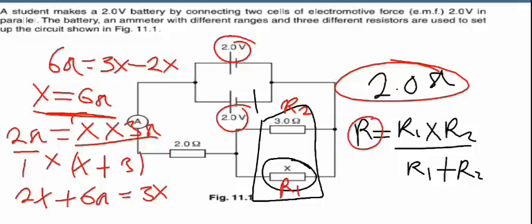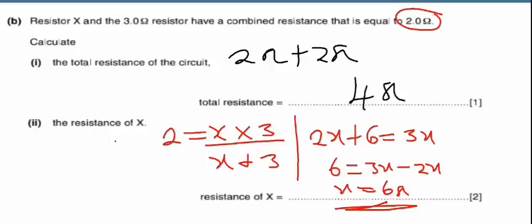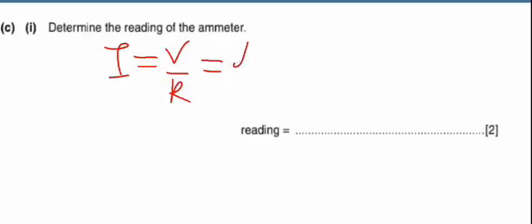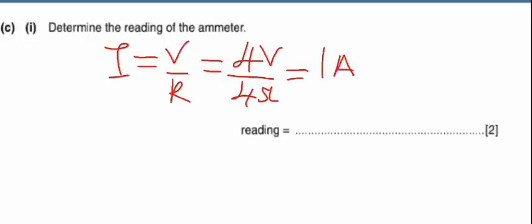So when we add these two, we are going to get what? 4. So we can say 4 volts divided by the total resistance. So the total resistance was what? 4 ohms. Then when I divide here, I'm going to get 1 amp. So meaning our final answer here is just going to be 1 amp.